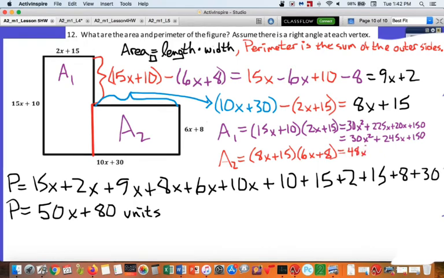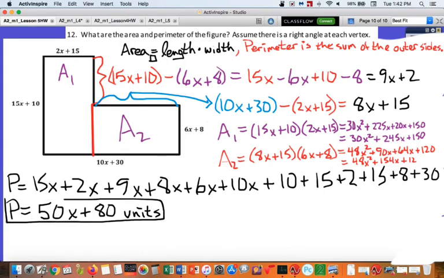And I go ahead and find that area, and I combine like terms. And I get that. Now I have to combine my 2 areas. So the area total is going to be area 1 plus area 2.